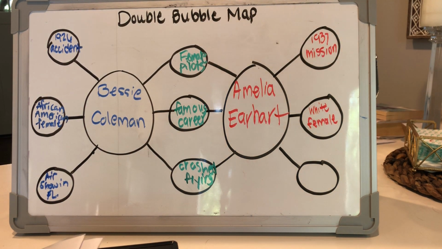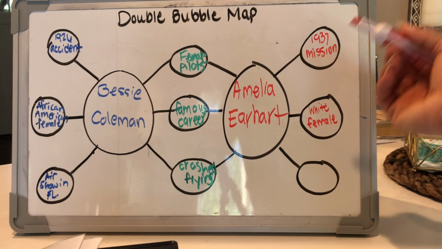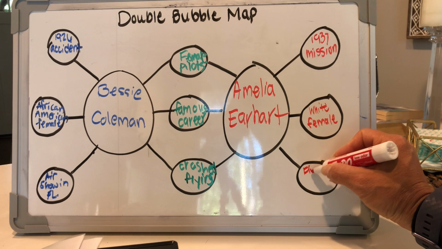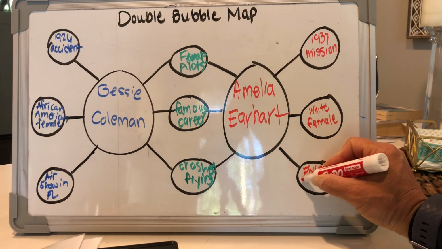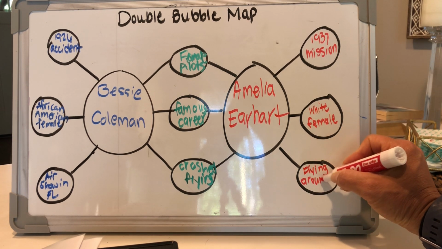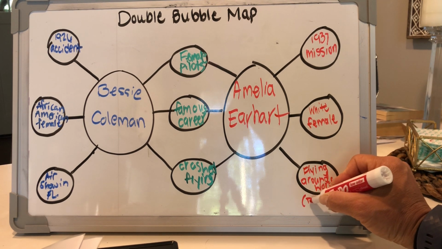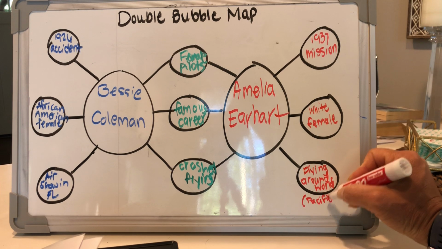They didn't really say where Amelia crashed. It was somewhere in the Pacific Ocean. But she was flying around the world. So we're going to say flying around world. And I can even say Pacific Ocean if I want.